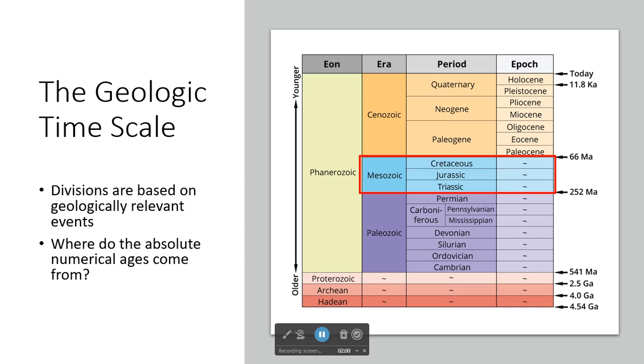Now on the right-hand side, you'll notice that there are some dates there. So we have today, and 11.8 thousand years ago is when the Pleistocene ended. So we have actual dates, but where are those absolute numerical ages actually coming from?